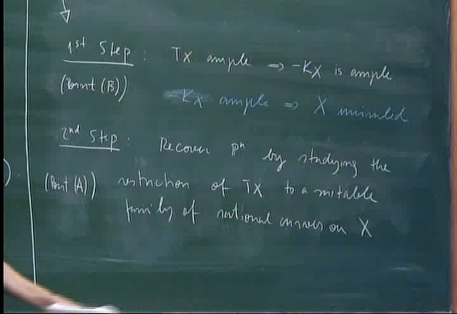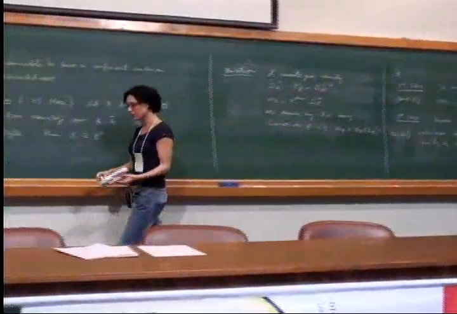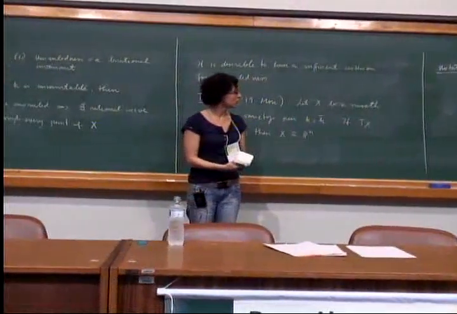How do you prove that a given projective variety contains many rational curves?